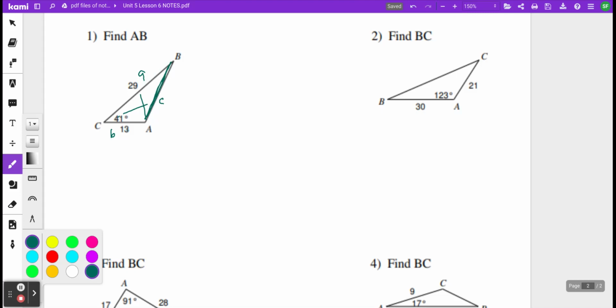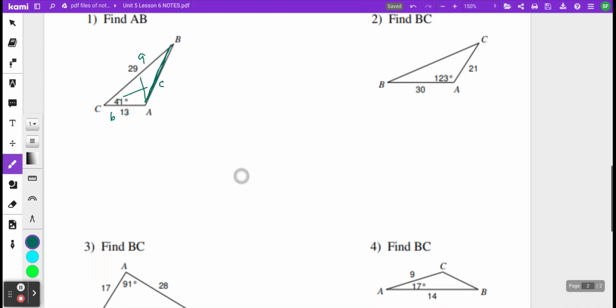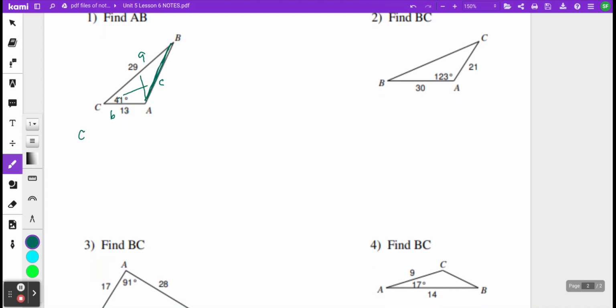So we're going to set it up. C squared equals the A squared plus the B squared, so we're taking the other two sides: 29 squared plus 13 squared, minus 2, and we're going to take those two sides again, and then cosine of our angle C. Then you're going to put this straight into the calculator.